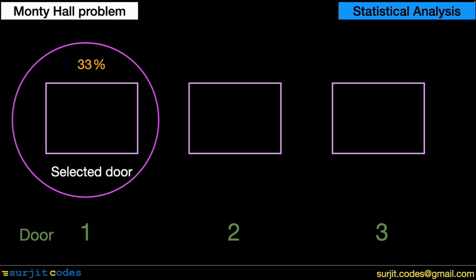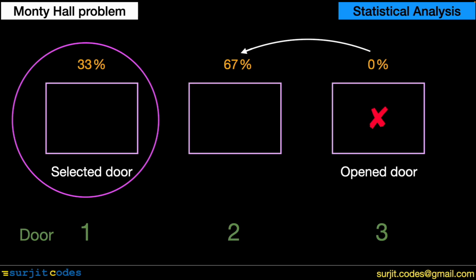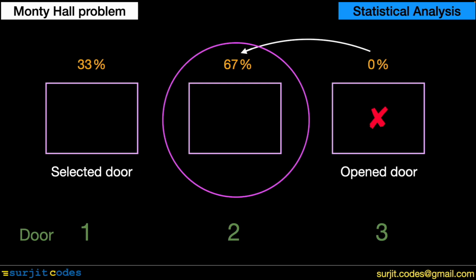The probability of the door that we had selected was 33%. This remains unchanged regardless of any subsequent actions, such as the host opening the remaining doors simultaneously or one by one. So, under the present set of choices, door 2 has higher probability than door 1, and it is to our advantage to change the selection to door 2.